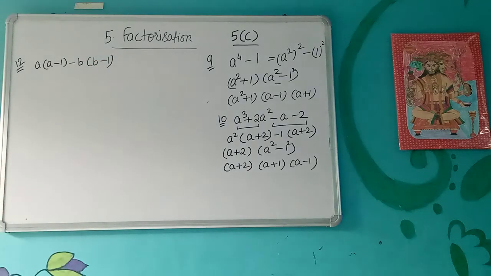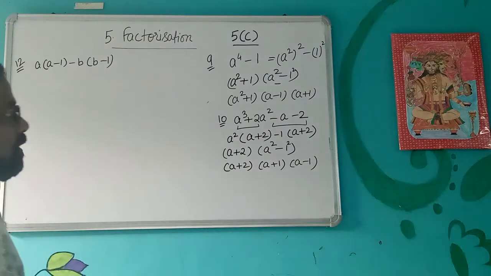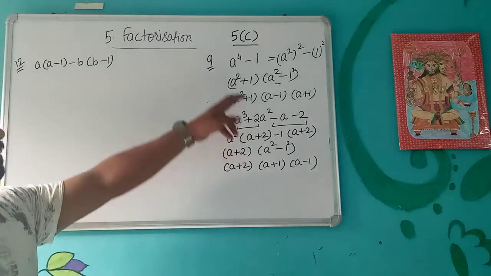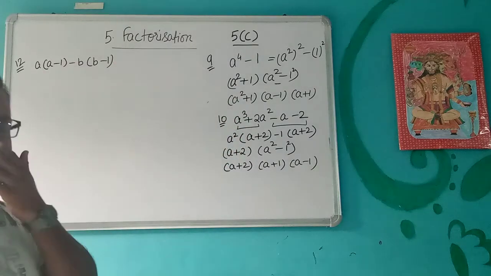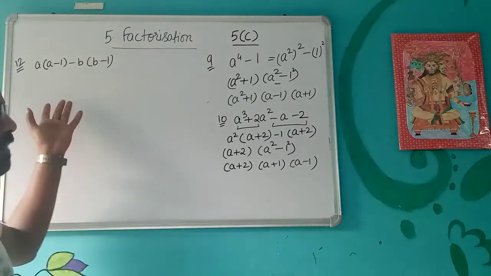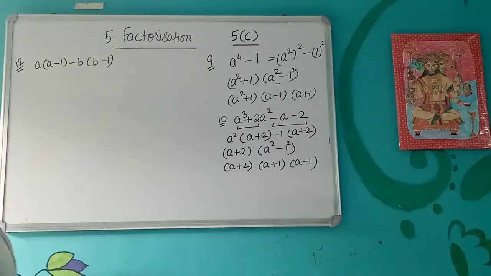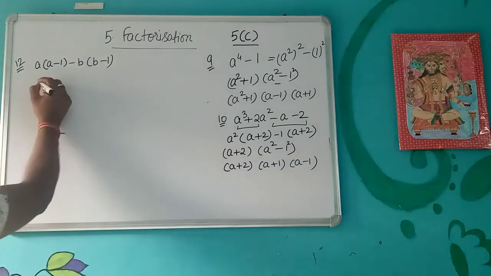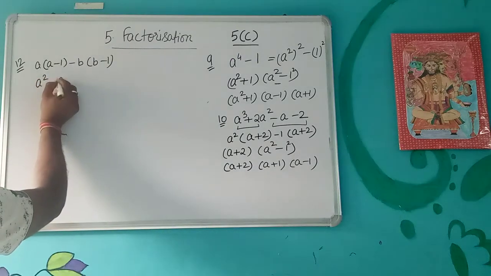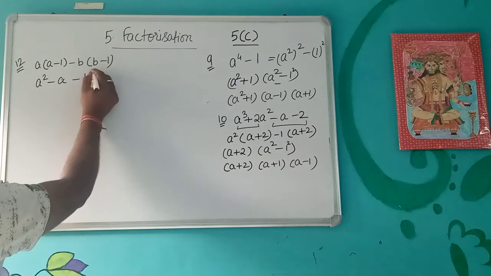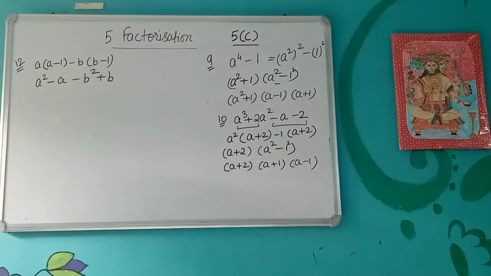Okay, a completely different problem. Now, unlike the previous problems, you cannot take anything as common and you cannot form the groups. So what we are going to do is solve these brackets. So it will be a square minus a minus b square plus b.